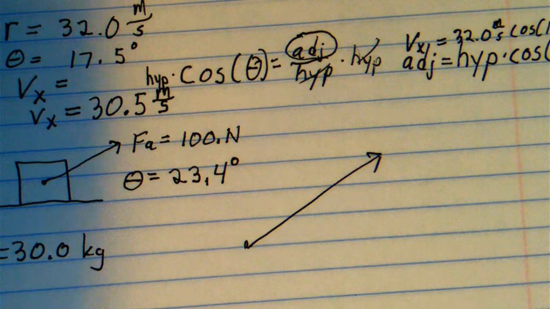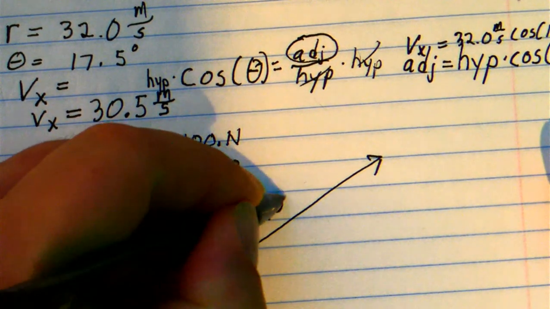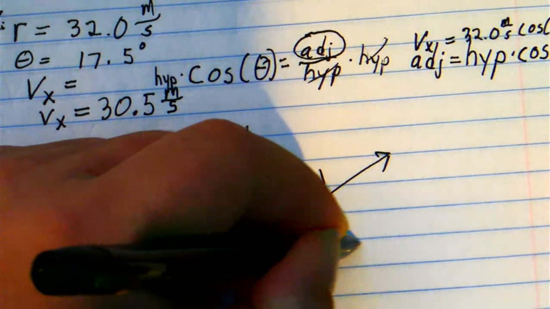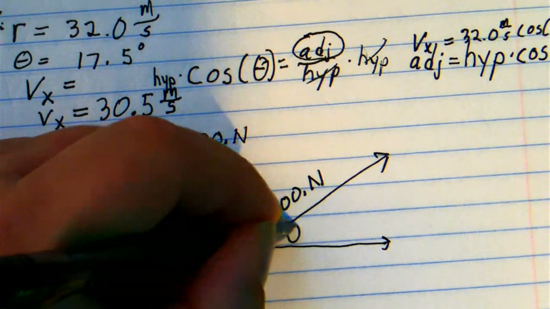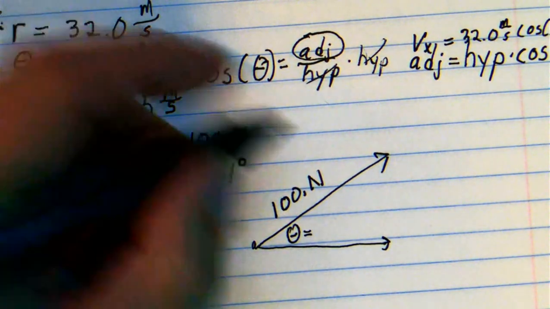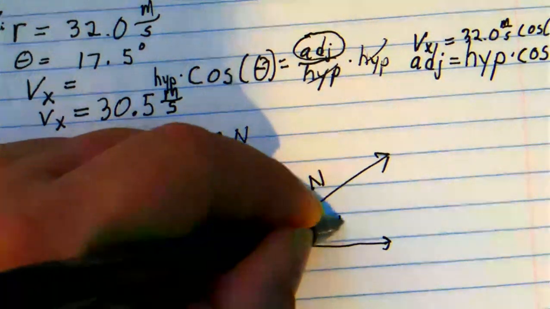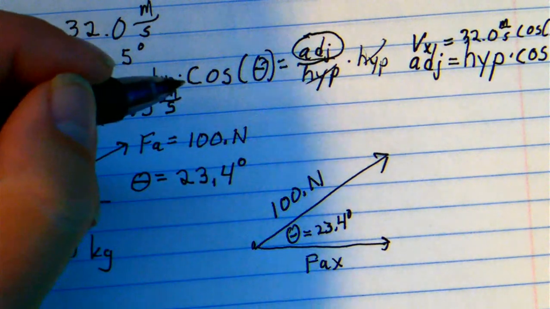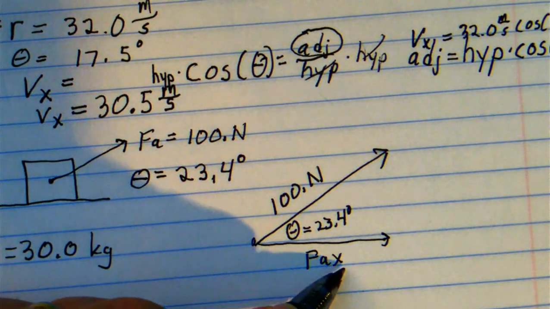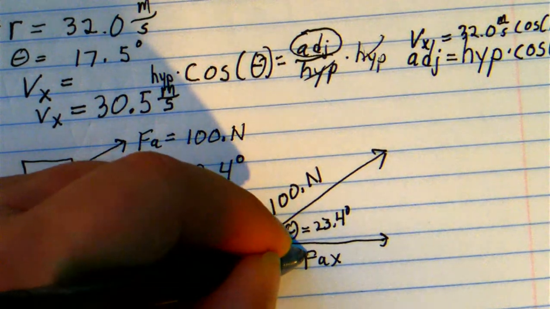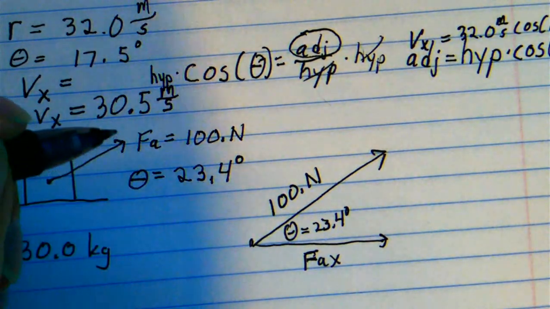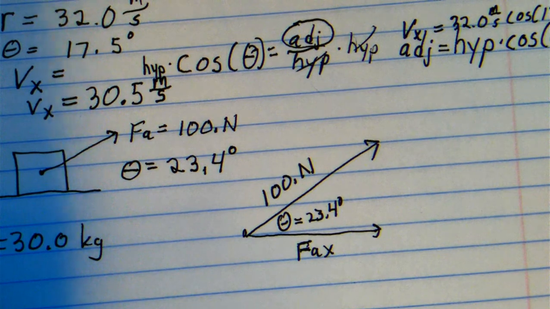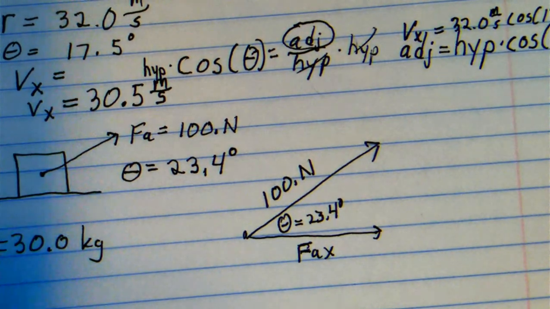So here I'm going to just draw the force again, remind you that the hypotenuse is 100 newtons, and it's not an angle drawn to scale very well. The angle is 23.4 degrees, and I want the facts, meaning I want the x component of this applied force. I call that the facts. Oh, just give me the facts, kids. Just give me the facts.